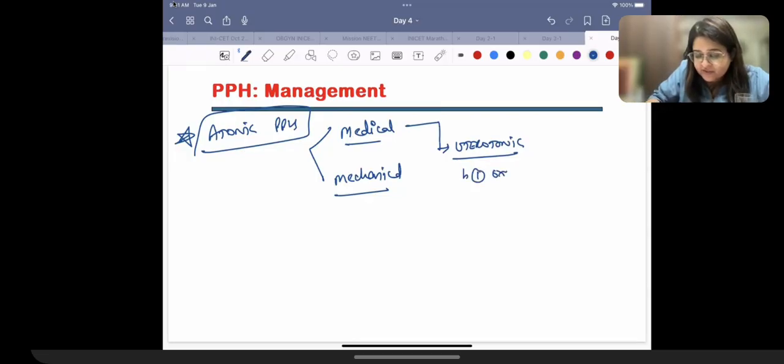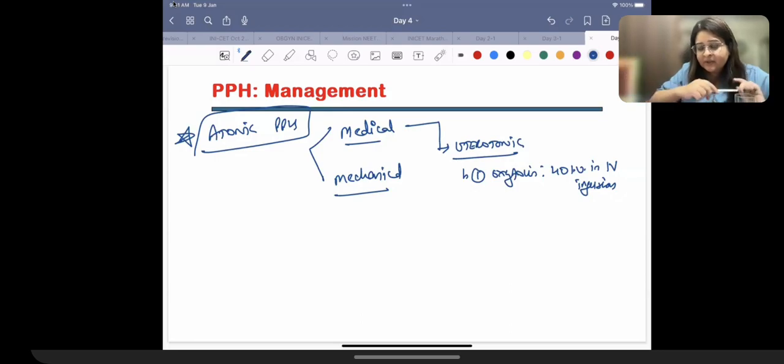The first, of course, is oxytocin. Here we can give large doses. For AMTSL, I told you 10 units. For treatment, you can go up till 40 international units as an IV infusion, not directly. Directly, we can give 10 units. But for treatment, we can go up till 40 international units.